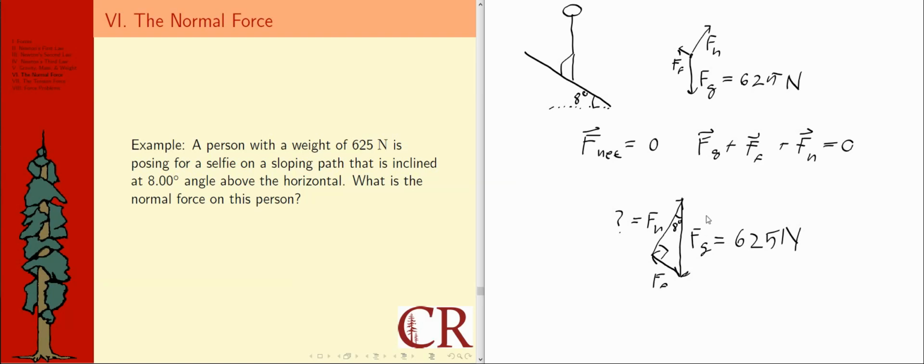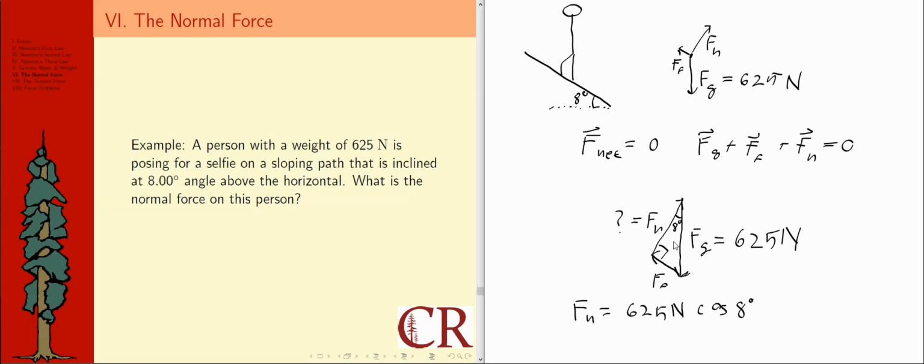So anyways, there are some tricks there that let you escape the pitfall of possibly going into a lot of details on the geometry. But what this lets me recognize is that I think the result, the normal force, is going to be equal to 625 newtons times the cosine of 8 degrees.